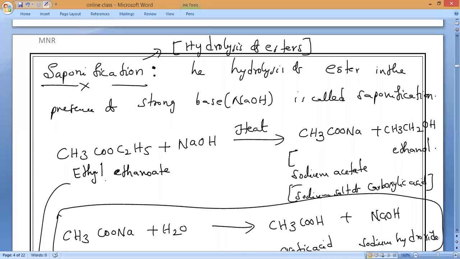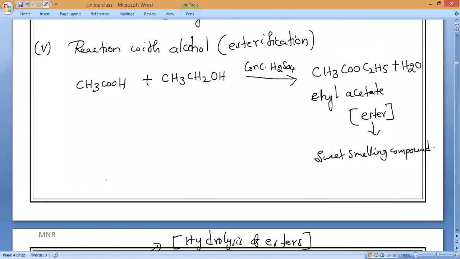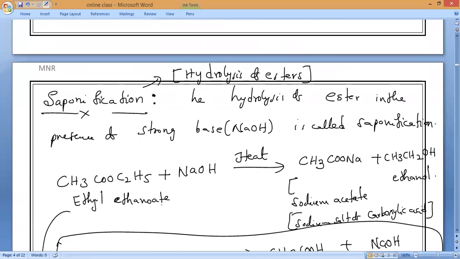Yes or no? Sodium acetate is the name, and the other name is sodium ethanoate. Please remember, both are the same.